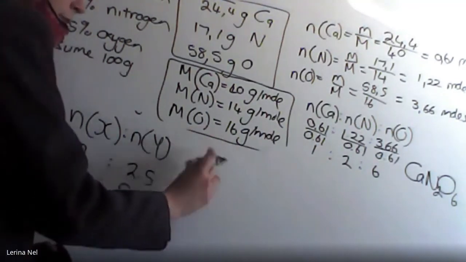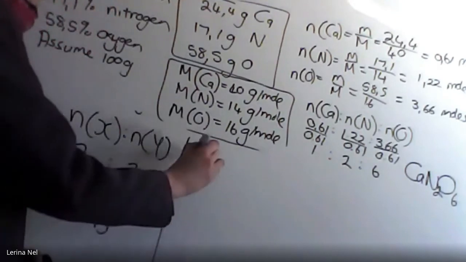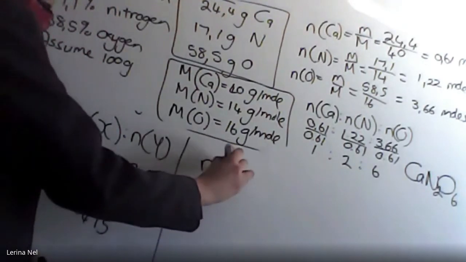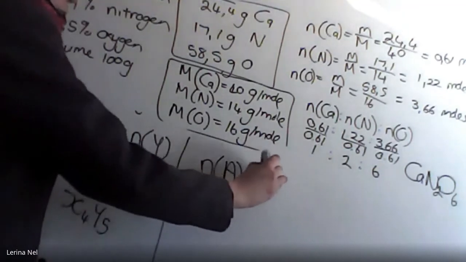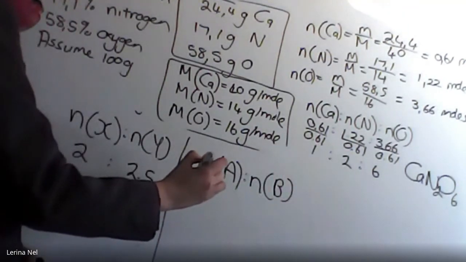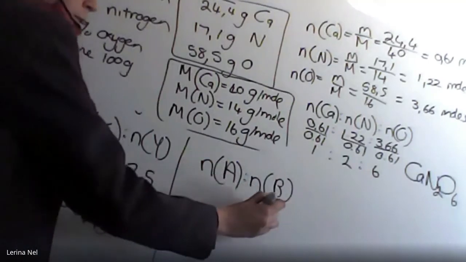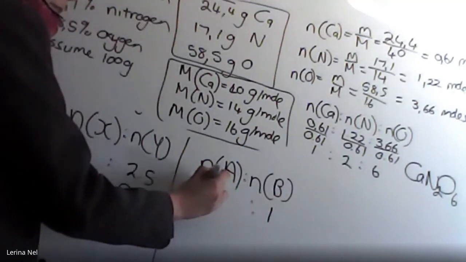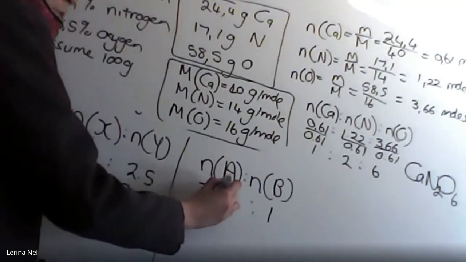If you get something like this, number of moles of, let's make this A, number of moles of B. And this one was 1, and on this side we have 3.33.